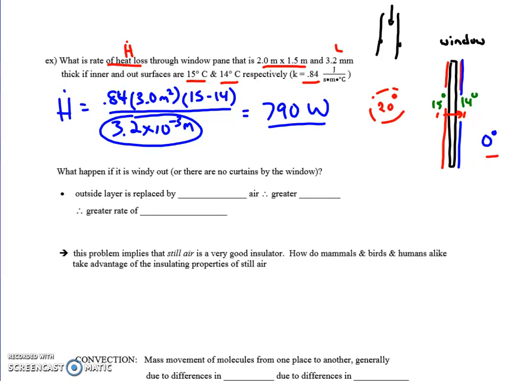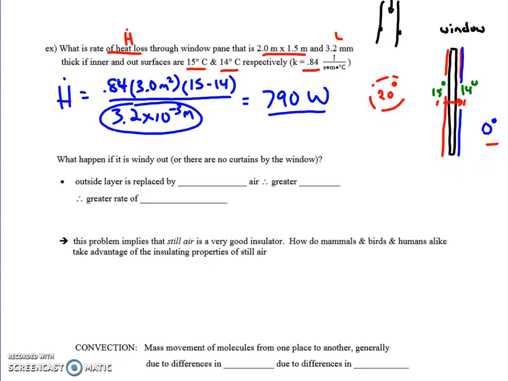But generally there's going to be air there because of pressure issues in sealing. So air being a very poor conductor, in other words, a very small number for K, will help offset that. It makes more sense to do that rather than a really thick piece of glass. The other is just to not make the window so large, but generally you might want that for light purposes.